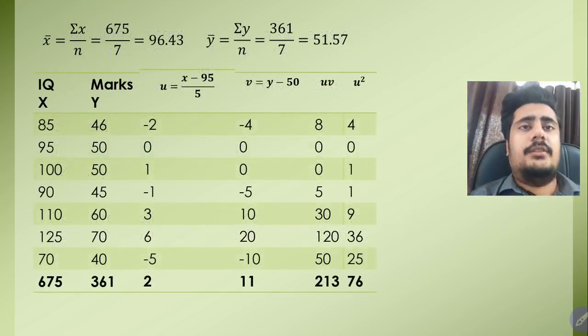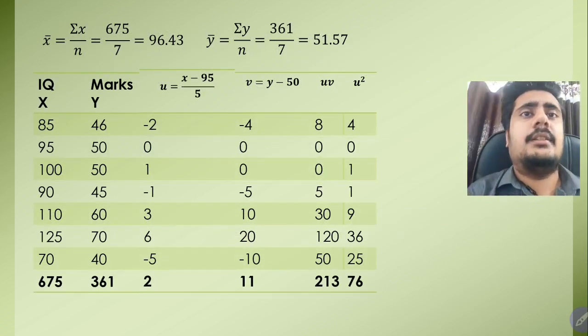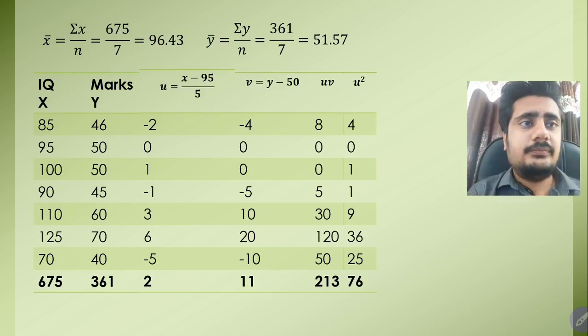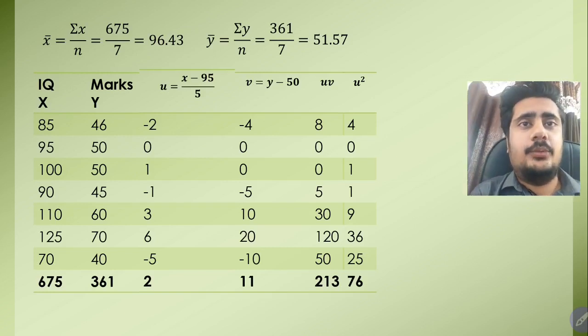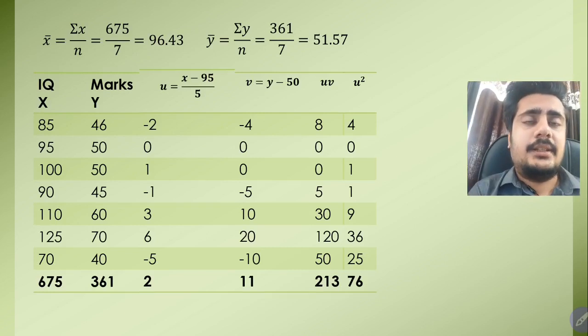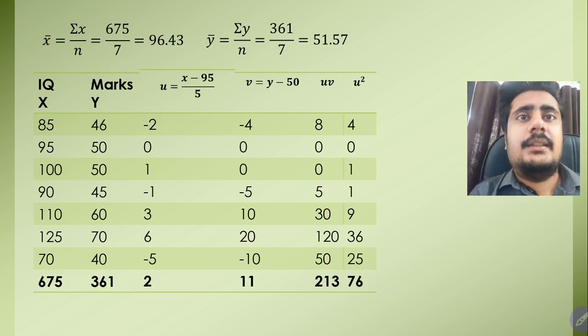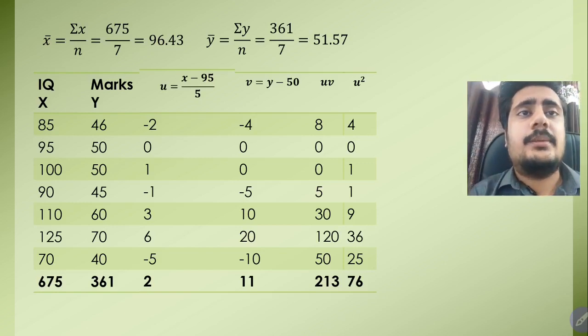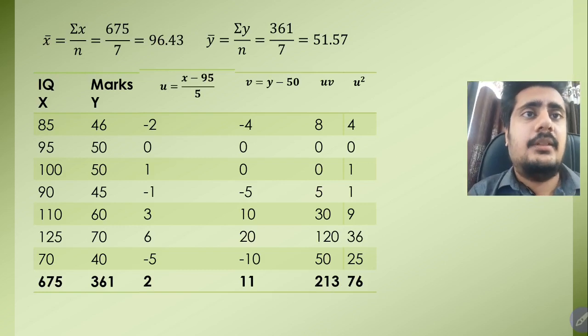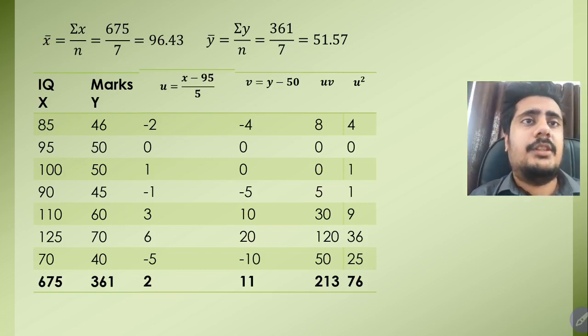So first of all, let's find x bar. Take your calculator with you. Total of x is 675, n is 7, so x bar will be 675 upon 7, which is 96.43. Then let's find y bar. y bar is sigma y upon n.